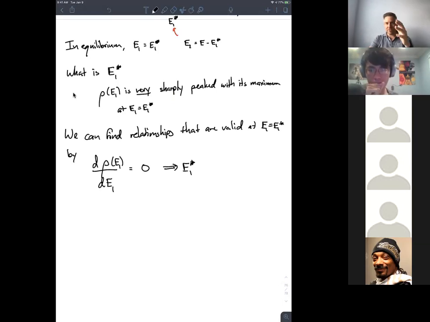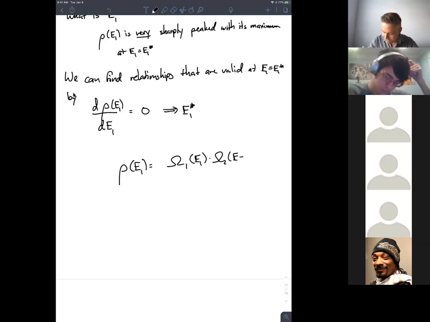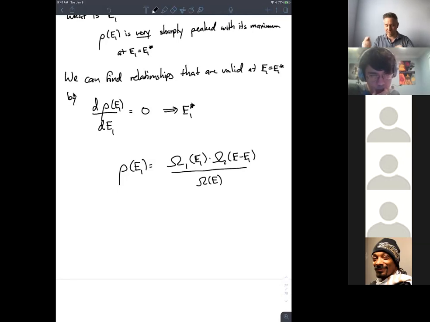All right, I see that we're essentially out of time. What we've done today is to show that rho of E1 is equal to omega 1 of E1 times omega 2 of E minus E1 over omega of E. So this is what rho looks like.